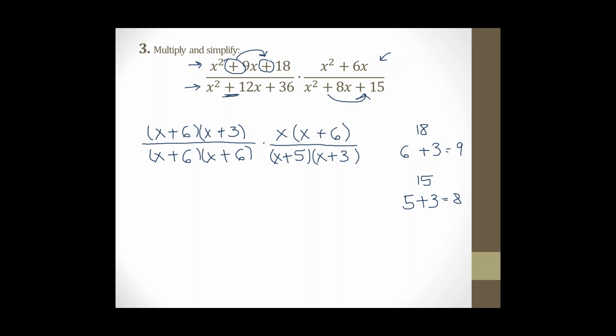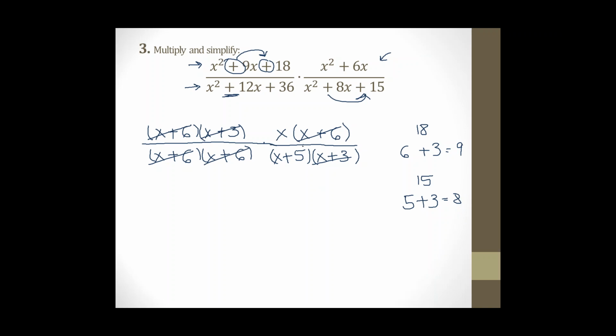Because this is multiplication, I can basically just connect this fraction bar, and now I can cancel out everything on top with the exact same thing in the bottom. So let's start over here. I got an x plus 6, x plus 6. I got an x plus 3, and right down here, x plus 3. Then again, I got another x plus 6 and x plus 6.